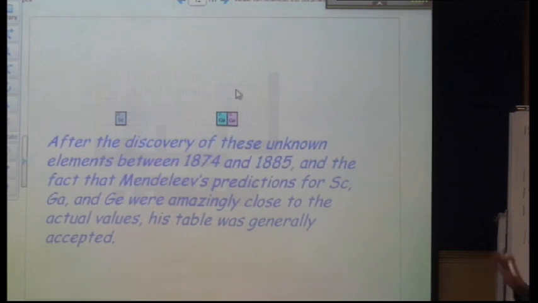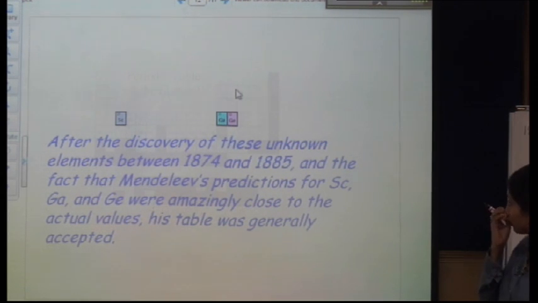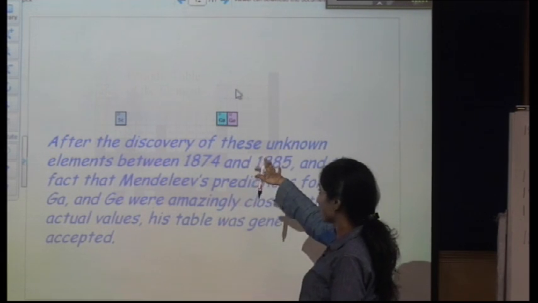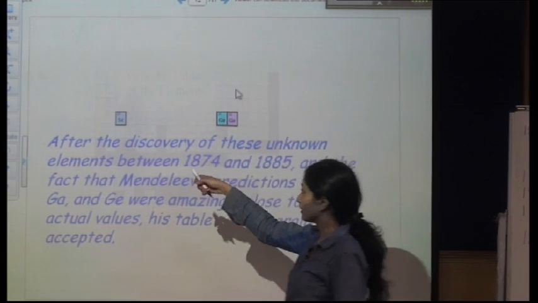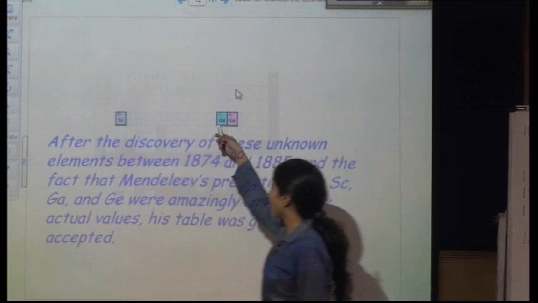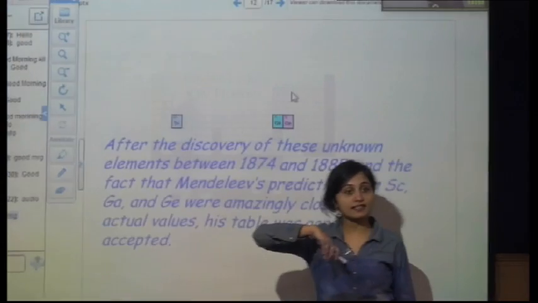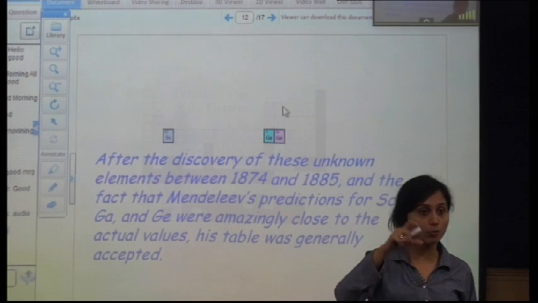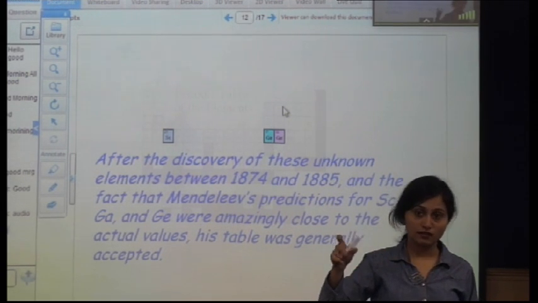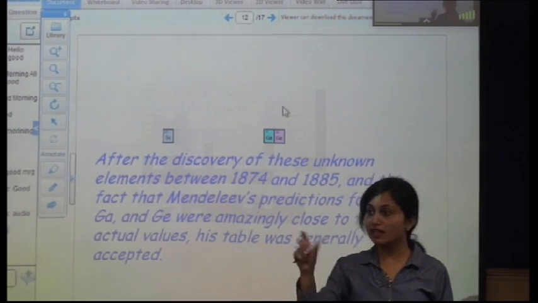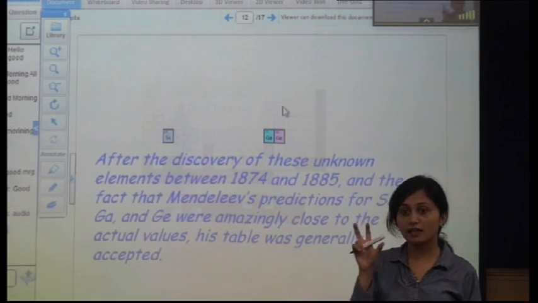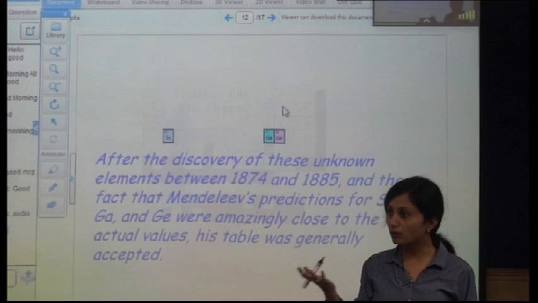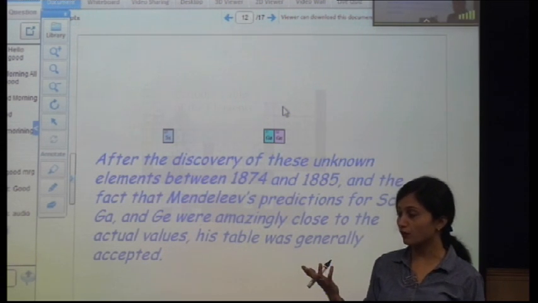After the discovery of some unknown elements, like scandium, gallium and germanium, these could be placed easily, because he had named them Eka-boron, Eka-aluminium, and so on. He stated that there may be some unknown elements, which were actually discovered later.